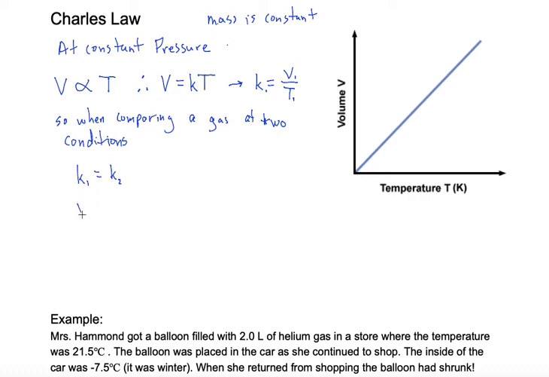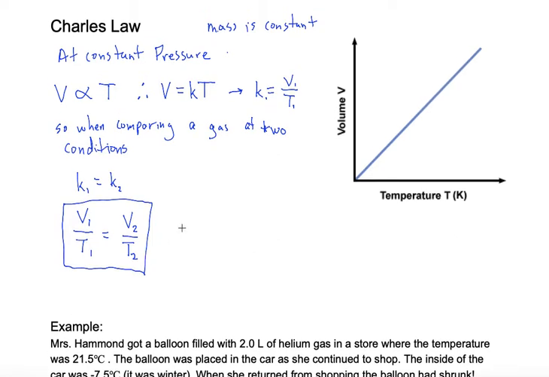That allows us to say that V1 over T1 equals V2 over T2. This is what becomes really important when we're dealing with Charles' law and looking at how a gas behaves. A gas at one set of volume and temperature conditions should have an equivalent ratio of volume and temperature in a new set of conditions. This is what we use when we're dealing with Charles' law.